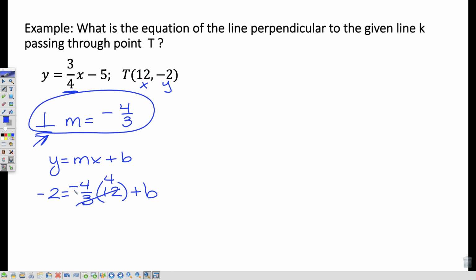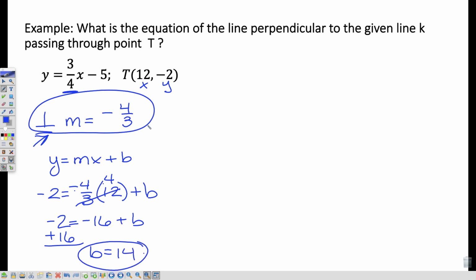So -4 times 4 is -16 plus b. Add 16. So b equals 14. So I have b and I have m. So y equals -4/3 x plus 14.